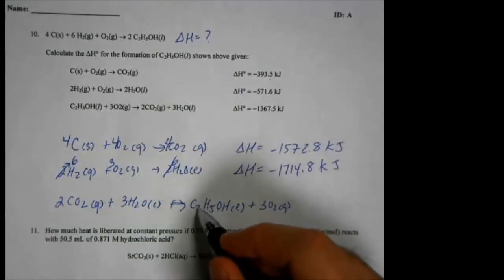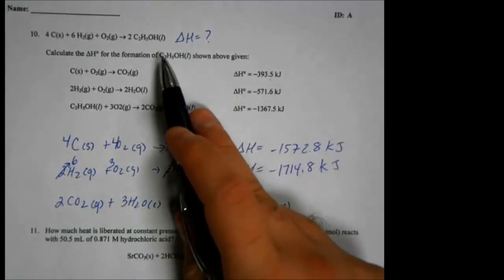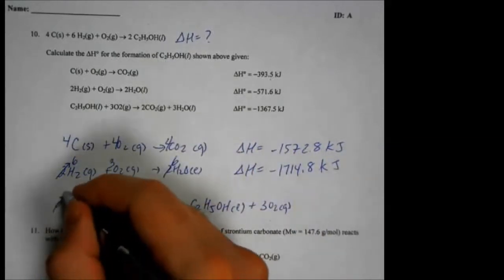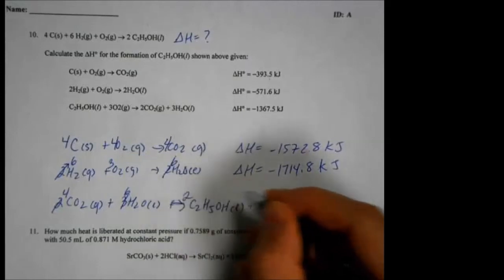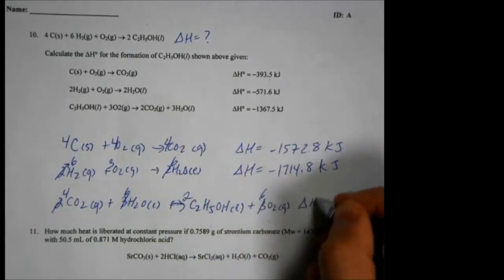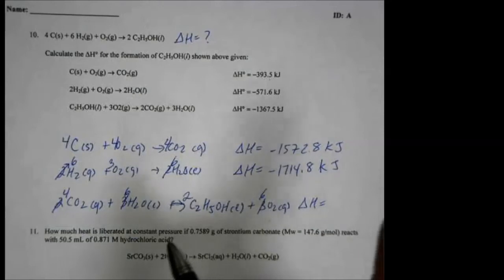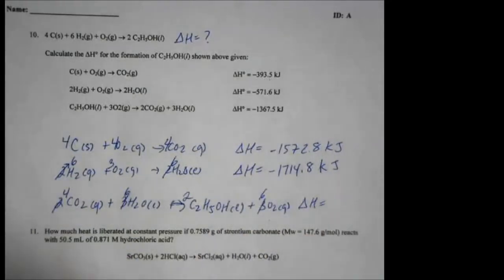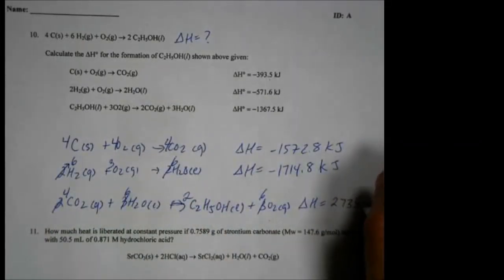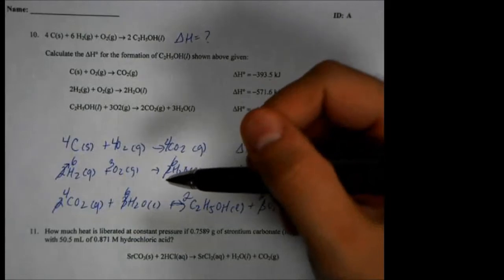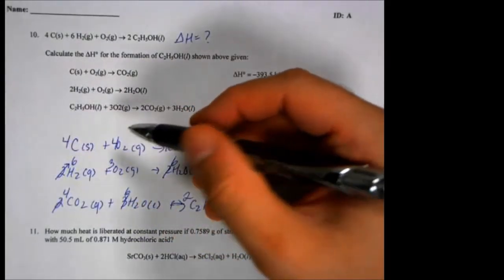Here I have 1 C2H5OH, but up here I have 2. So I'm going to multiply through by 2 to get 4, 6, 2, and 6. And the delta H here, since I flipped it, is going to be a negative 1, and then I'm also going to multiply that by 2. So I'm going to take that negative 1367.5 and multiply that by negative 2 to get 2735 kilojoules.